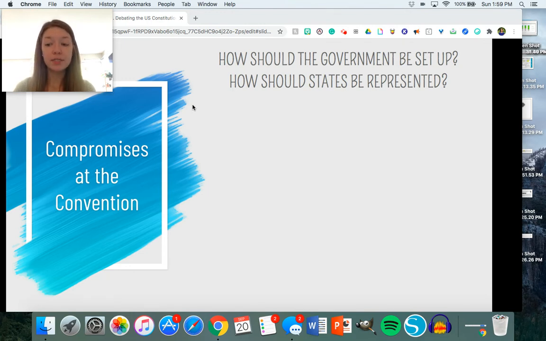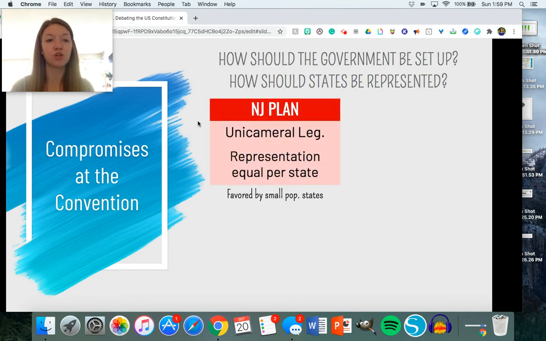So we see two plans essentially being put forth at the convention. And the first of those is the New Jersey plan. And the New Jersey plan proposes a unicameral legislative branch. So uni means one, so a one-house legislative branch. And the New Jersey plan also puts forward the idea of representation being equal per state.